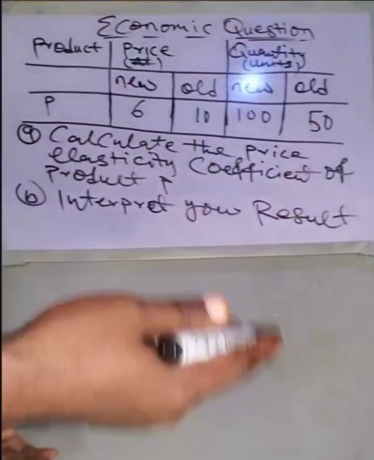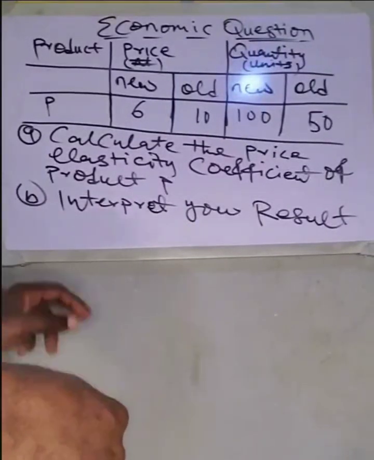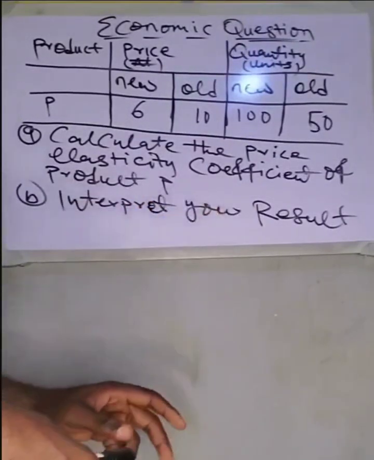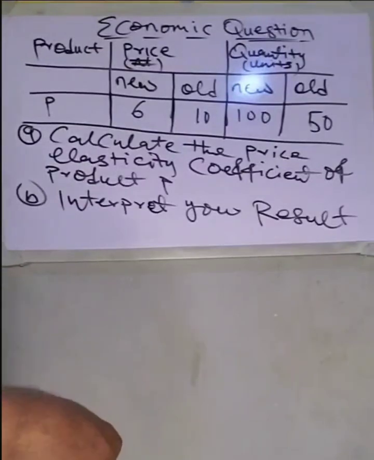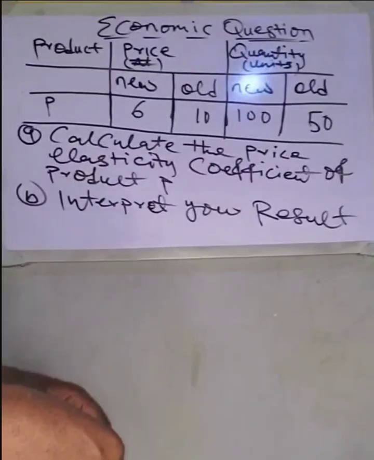These are the important things you need to understand, you need to know, that is to interpret your result. So let's find a way to do justice to this question.